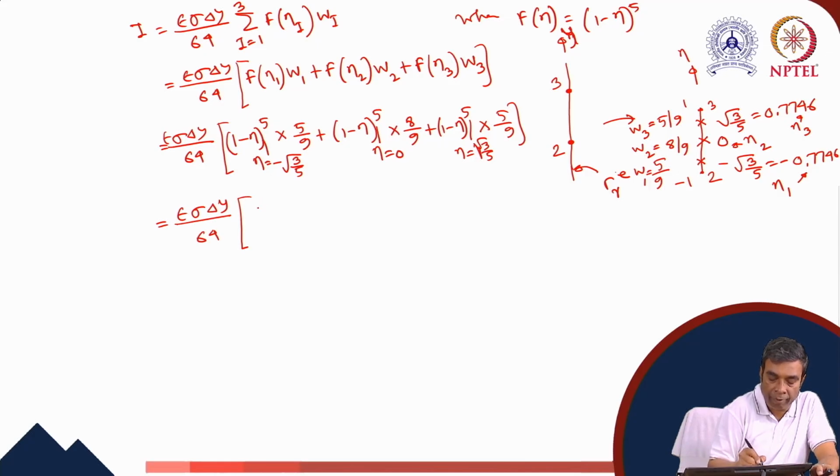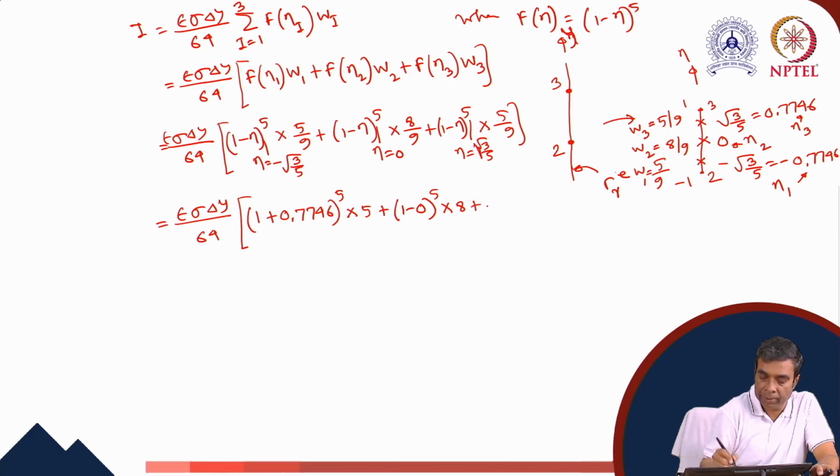So the first term comes as 1 plus 0.7746 to the power 5 into 5 plus 1 minus 0 to the power 5 into 8 plus 1 minus 0.7746 to the power 5 into 5, the entire quantity divided by 9.